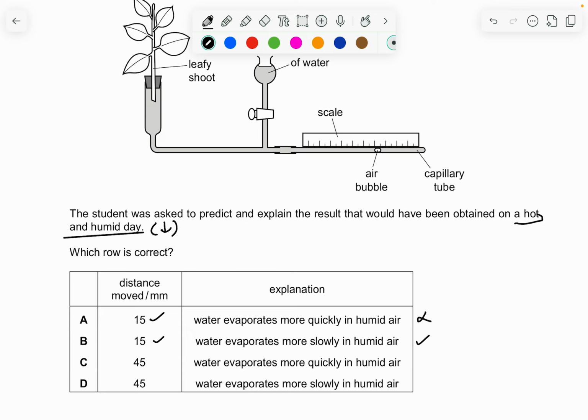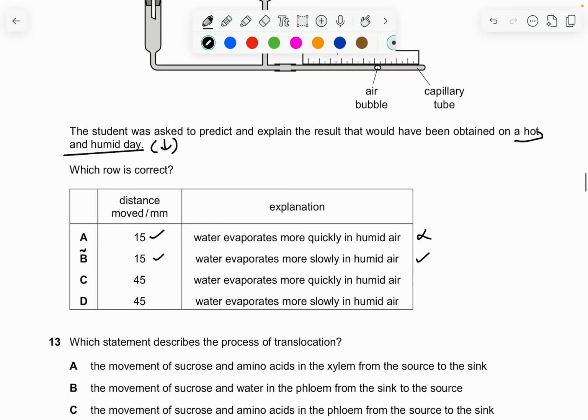When outside is humid, you cannot lose your water, because you are basically moving towards the same side. You get the meaning. When outside there's water, you wouldn't want more water to come out. It's a bit odd, so that's why the answer is B.